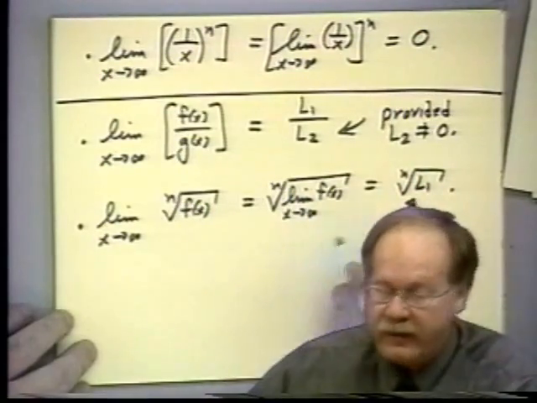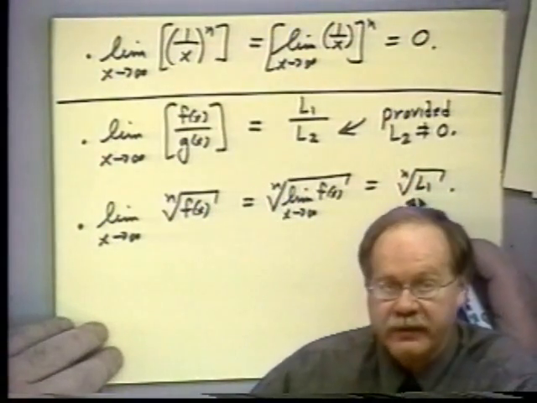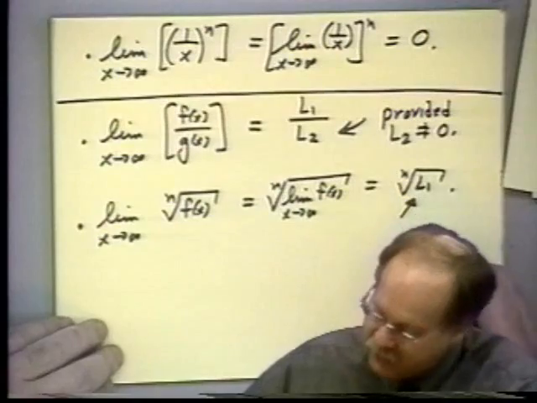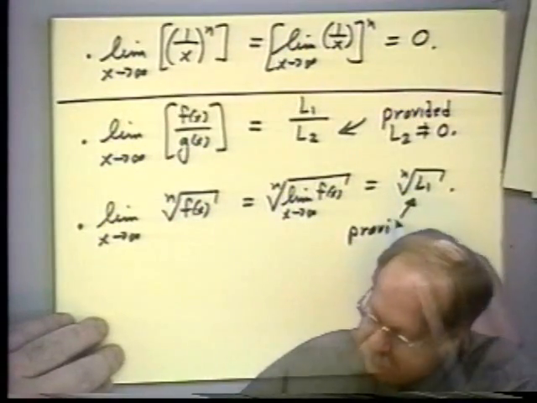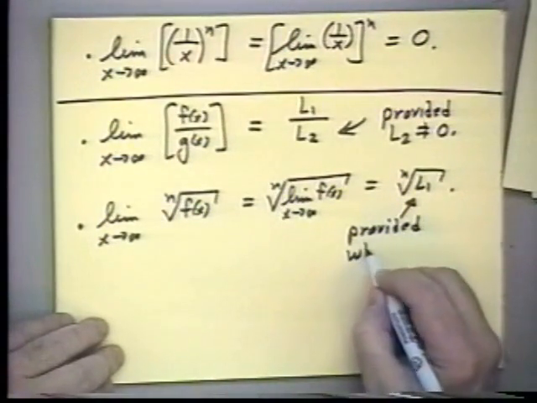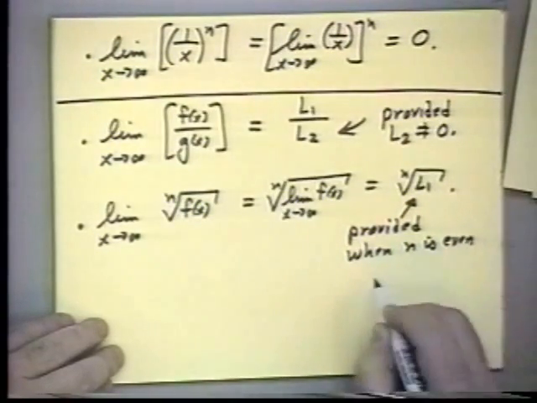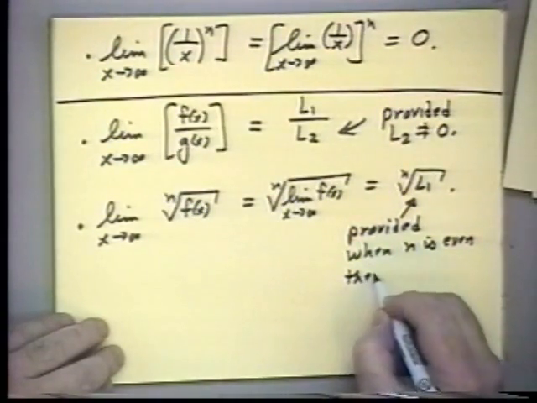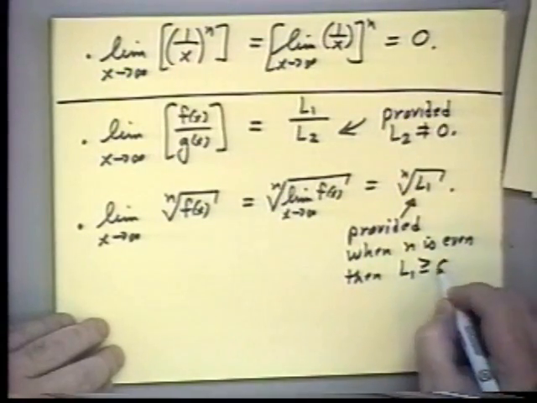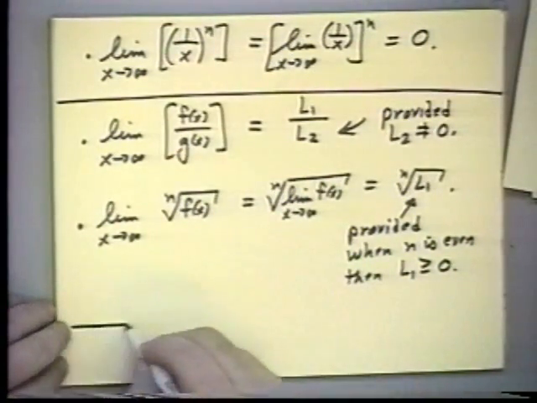And again, there is a proviso here. We have to make sure that L1 is a number that you can take the nth root of. So, provided when n is even, that's the only problem case, then in that case, L1 is greater than or equal to 0.